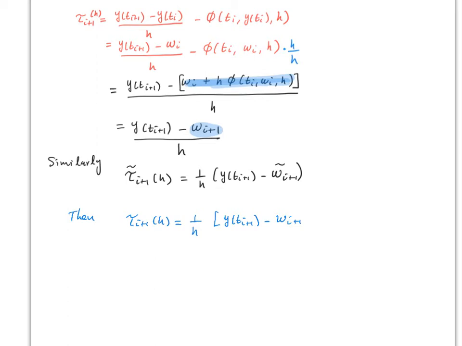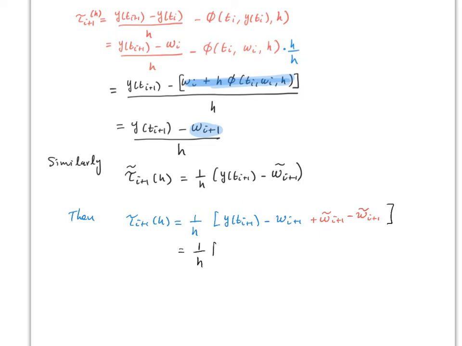Then, if we add and subtract 0 to this, which again is one of the most common tricks in math, so if we add w̃_{i+1} minus w̃_{i+1}, and simplify, from here we end up with the following.